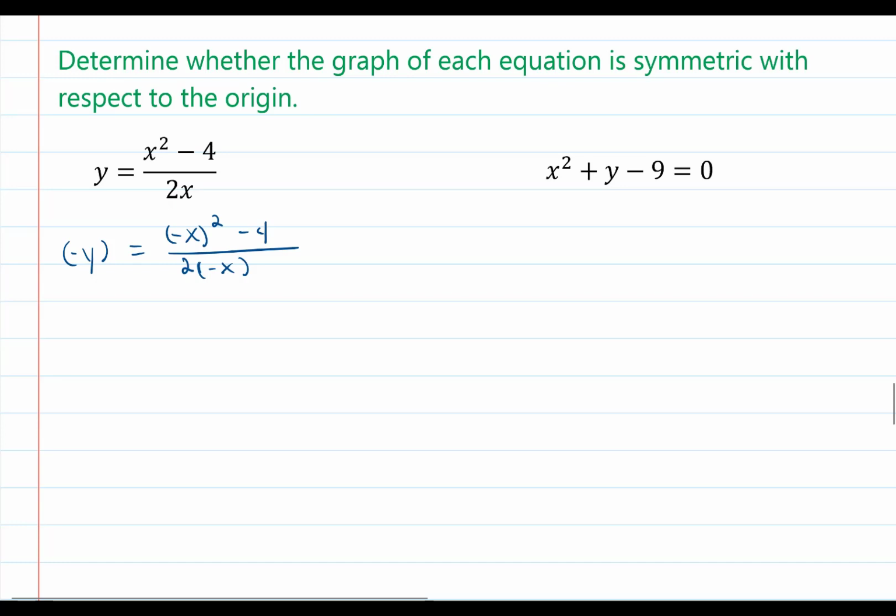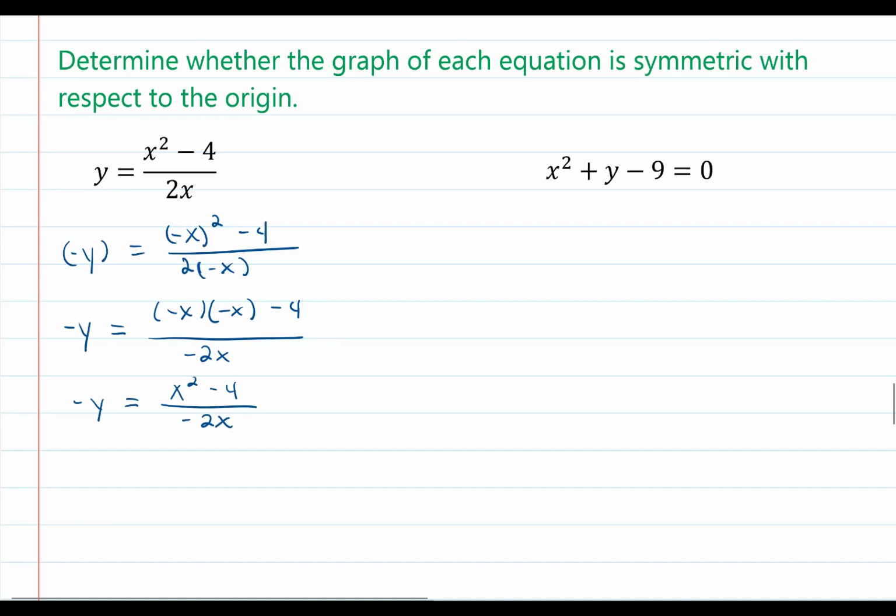I'm going to rewrite the y without parentheses, and there's nothing I'll do with that y for the moment. And the right side, negative x quantity squared, is really negative x times negative x, and then minus 4 all over negative 2x. So now I'm going to simplify negative x times negative x, which is a product of positive x squared. So now I have negative y is equal to positive x squared minus 4 all over negative 2x.